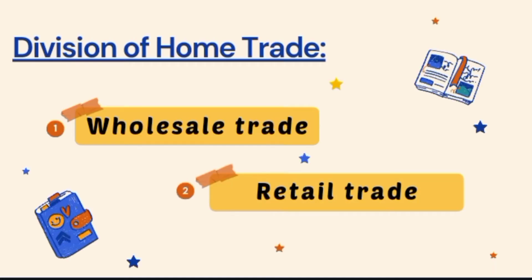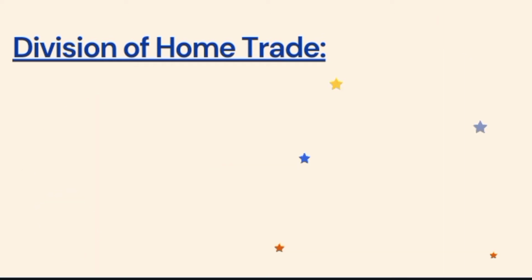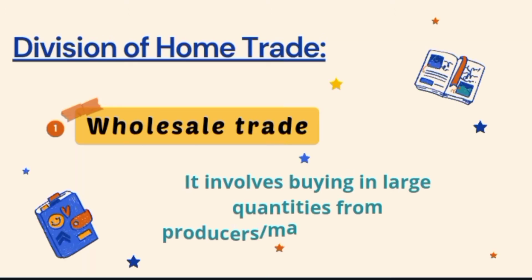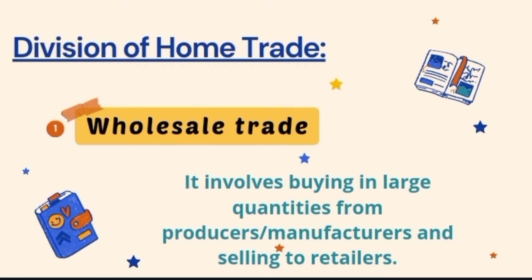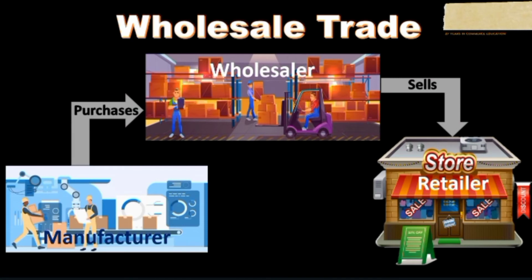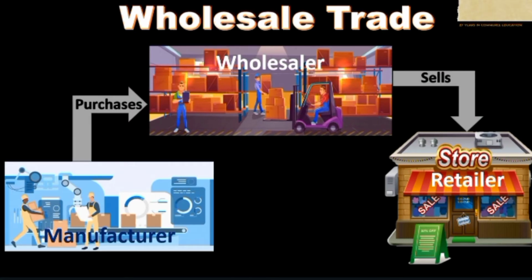Home trade is divided or classified into two: the wholesale trade and the retail trade. Wholesale trade involves buying in large quantities from producers or manufacturers and selling to retailers. The people who are involved in wholesale trade are known as wholesalers.